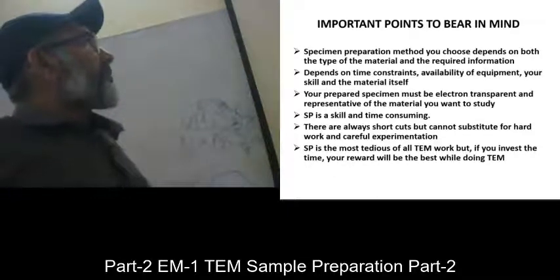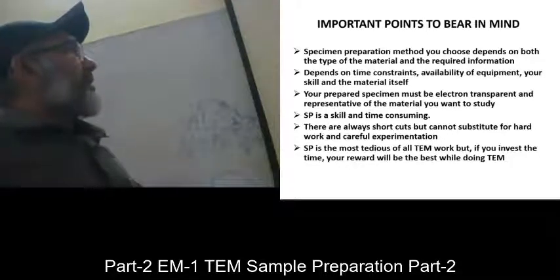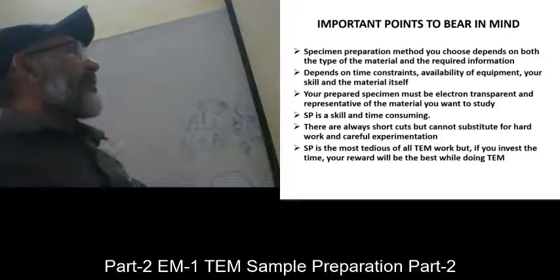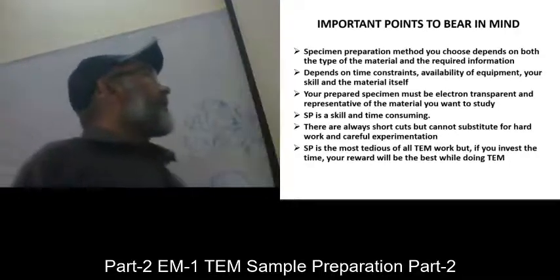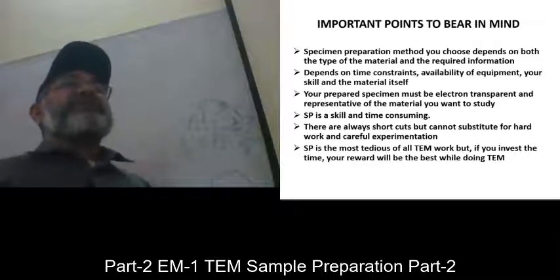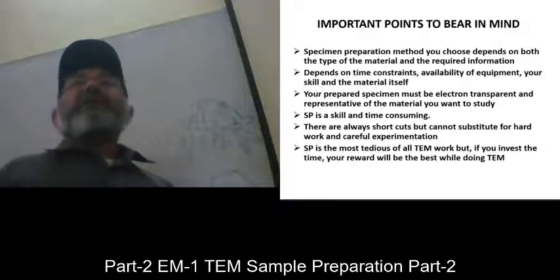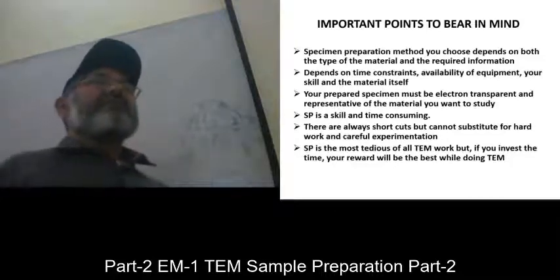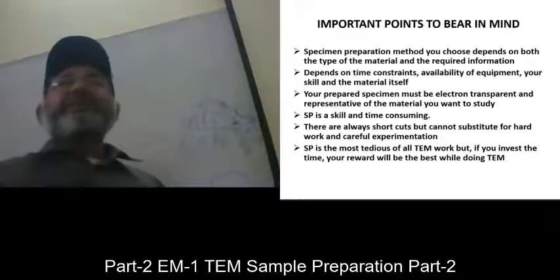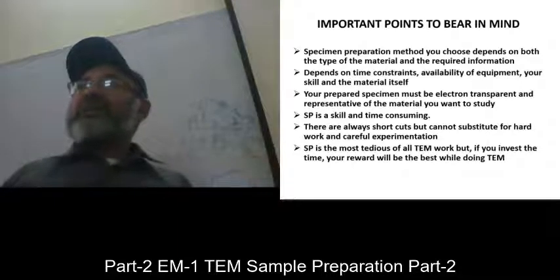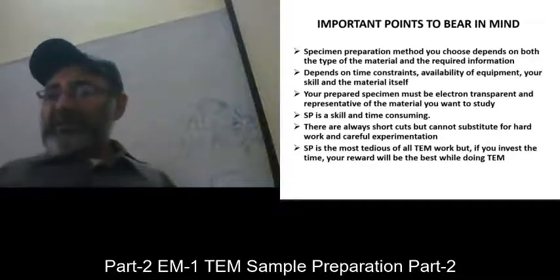The specimen preparation method you choose depends on both the type of the material and the required information. So I was explaining the required information, what sort of information. If you need just an image, then again a good sample will give you a better image. But if you are interested in a diffraction pattern, then you need enough thin areas so that you can get good diffraction patterns from the sample.